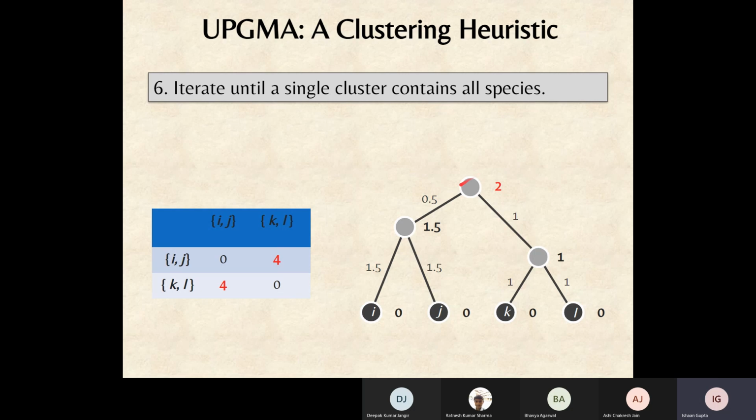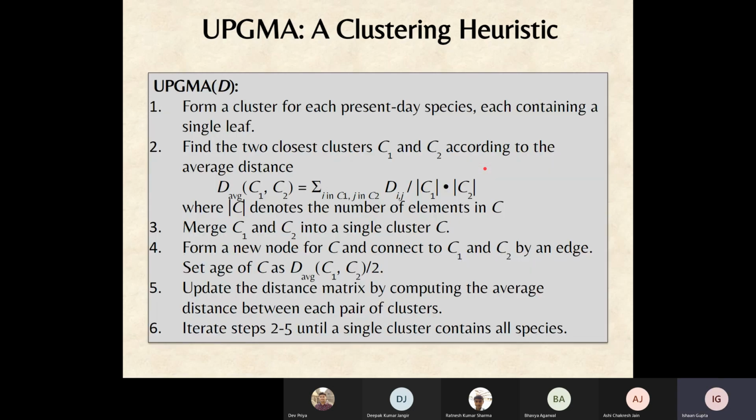So you distribute the distance 2 all the way down on both ends. So this node is 2 away. Given that, this internal branch becomes 0.5 and this internal branch becomes 1. And you basically iterate over it.